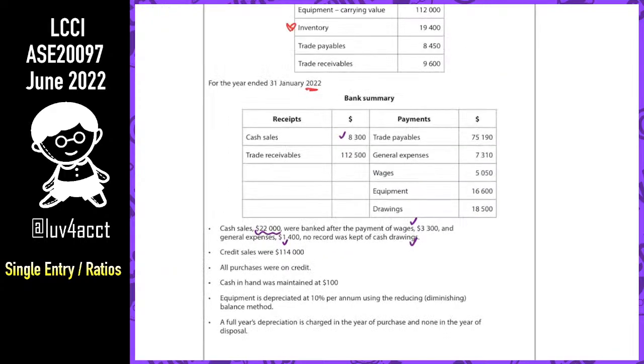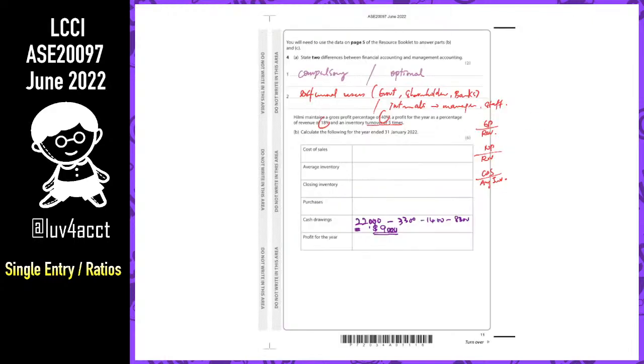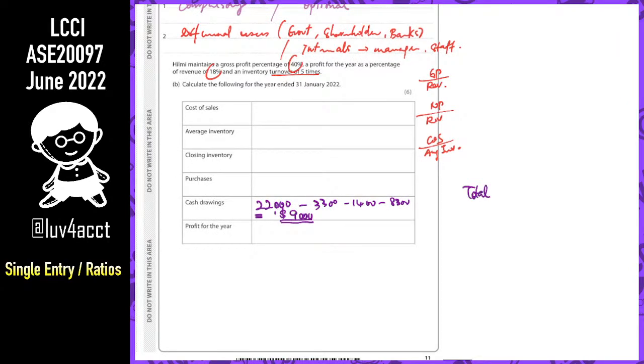Next part: credit sales. Credit sales are given to you directly already, 114,000. Can we have something here first? Credit sales, cash sales. So total sales. We are not asked here, but it is important because we need sales in these 2 items.